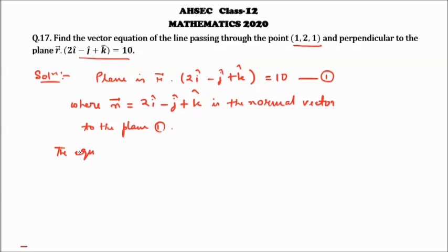The equation of the line passing through the point. So in the question it is given that it passes through the point (1, 2, 1).